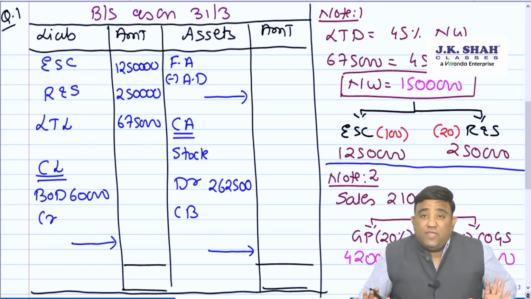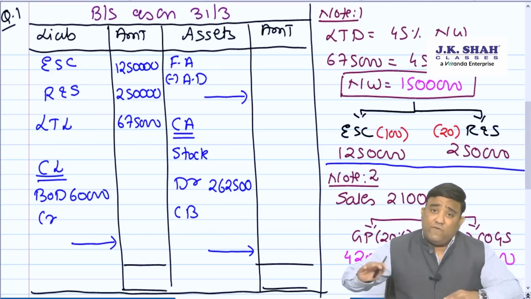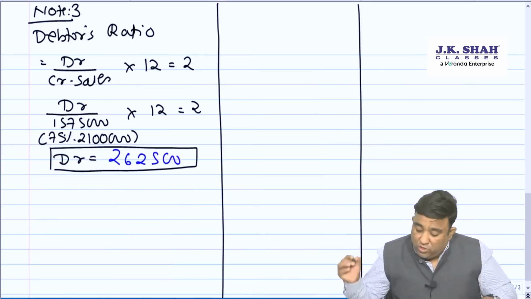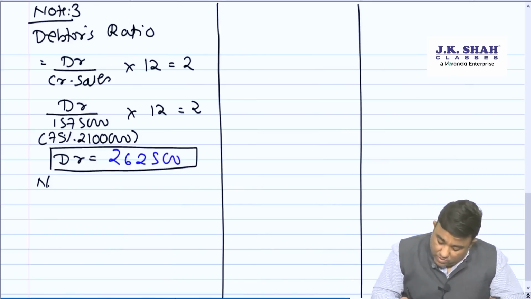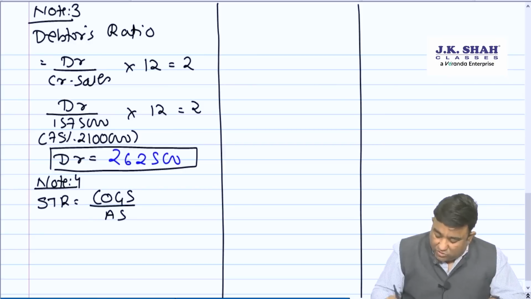So debtors is ready. Now I can get hold of the COGS. Vice versa, you could have also started with stock turnover ratio, does not make a difference. Note number 4. Student, normally the stock turnover ratio formula we follow is COGS upon average stock.